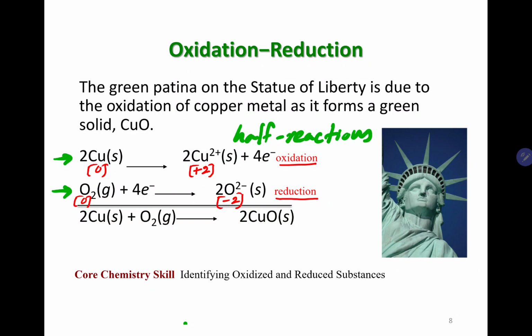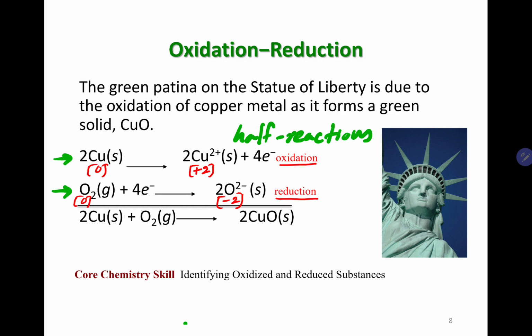Because copper will not go into copper 2 plus ions just because it can. It will not self-oxidize, which means copper will not lose electrons without any reason. There should be someone else to gain those electrons.